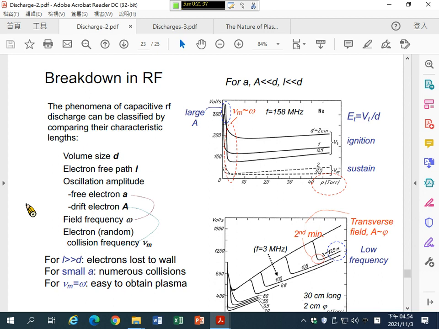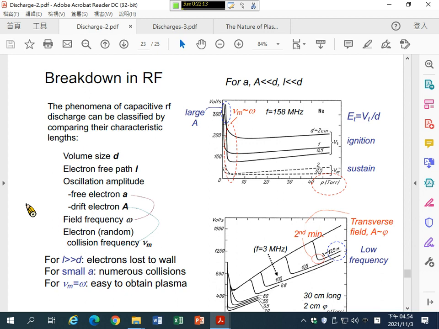In this case, D is much larger than these two amplitudes, the oscillation of the free electron and the drift electron. So you have a larger system, and the amplitude of the electron oscillation is smaller than your system. The electron mean free path is also much smaller than the system.